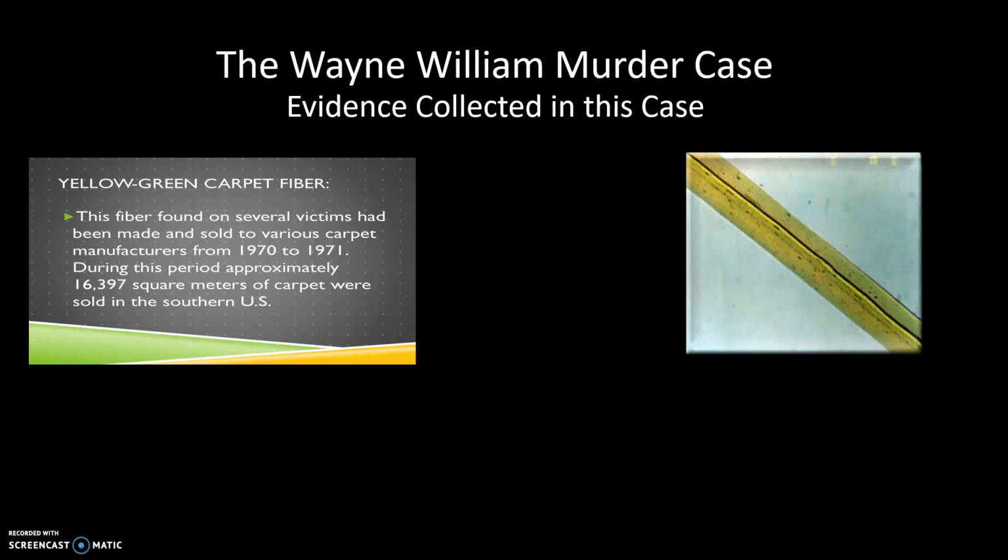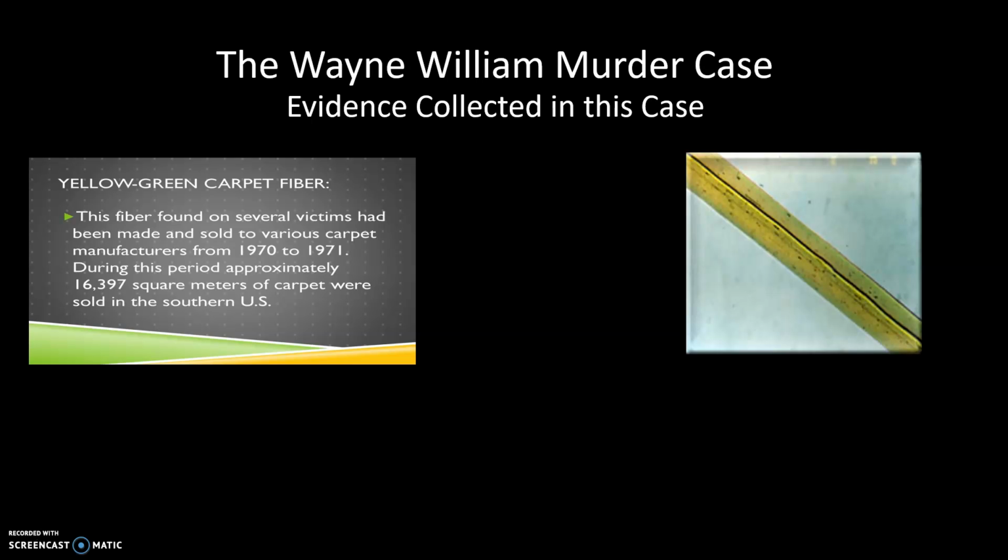All right, so in the Wayne Williams case, the thing that stuck out the most when Wayne Williams was arrested was the yellow and green carpet fiber. The yellow and green carpet fiber was fiber of carpet found in Wayne Williams's room where he resided.